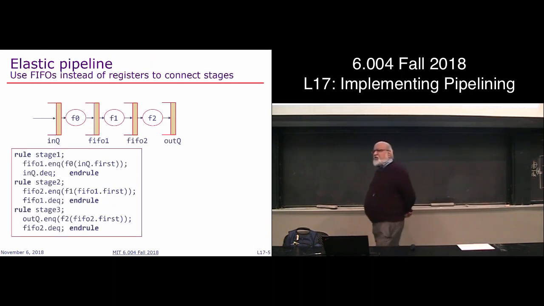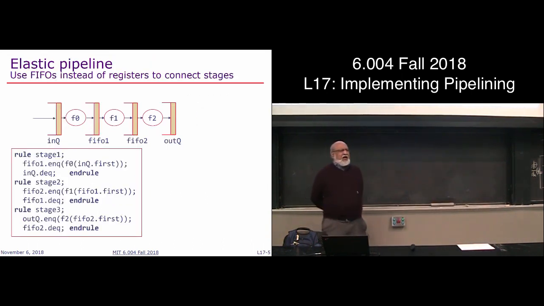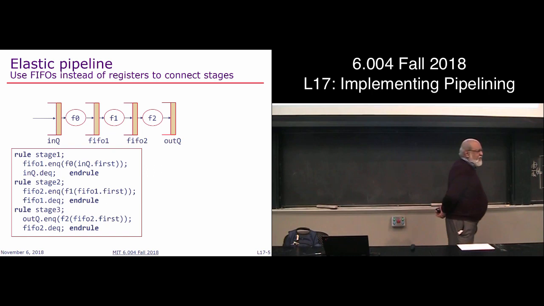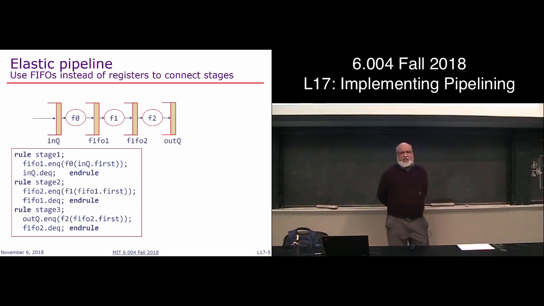So how about this? I think this is dramatically simpler to write. So let me replace those stage registers, S1 and S2, by two FIFOs, right? FIFO 1 and FIFO 2. I think all of you will agree with me that this program is absolutely trivial to write.